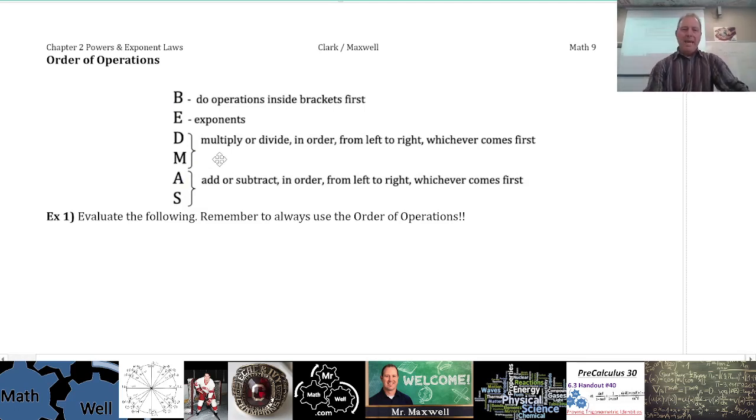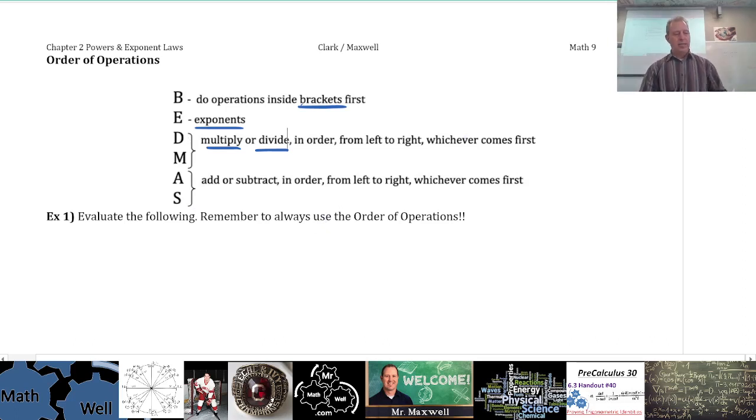B is brackets, okay? So anything inside brackets, you would do those first. E, exponents. If you have anything to the power of something, you do that exponent next. D and M is multiply or divide in order from left to right, whichever comes first. Then addition and subtraction is always last. Whichever comes first, add or subtract left to right.